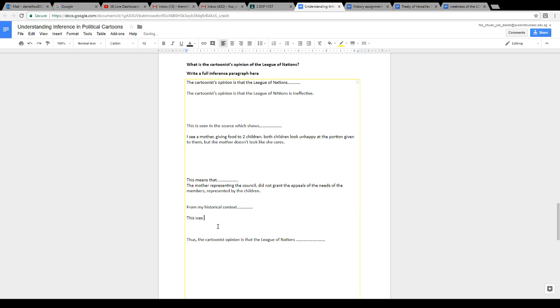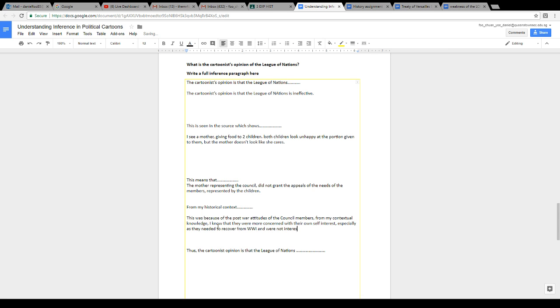Because of the post-war attitudes of the council members, right, in which, from my contextual knowledge, I know that they were more concerned with their own self-interest, especially as they needed to recover from World War I and were not interested in the affairs of other countries.